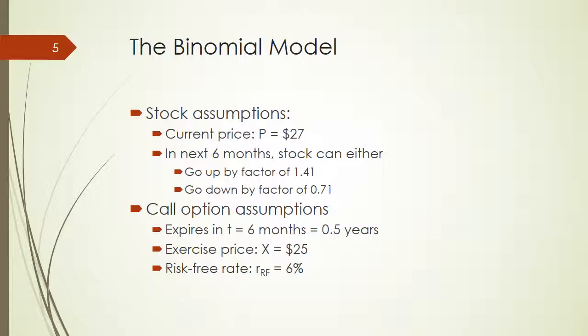For example, we have a stock whose current price is $27. In the next 6 months, the stock can be either going up or going down. If the stock goes up, the factor is 1.41, and if it goes down, the factor is 0.71.